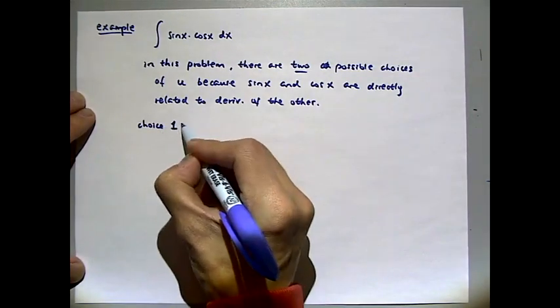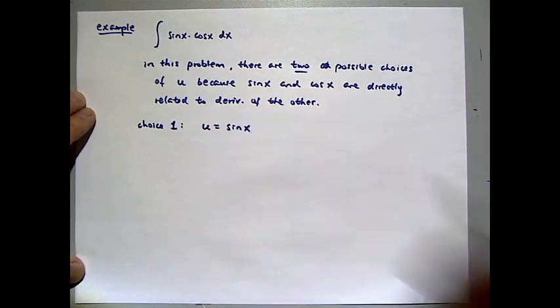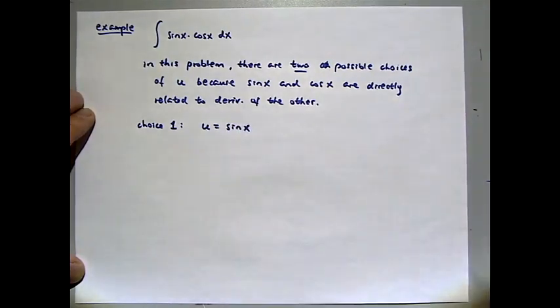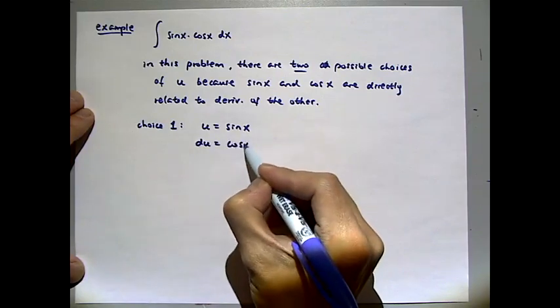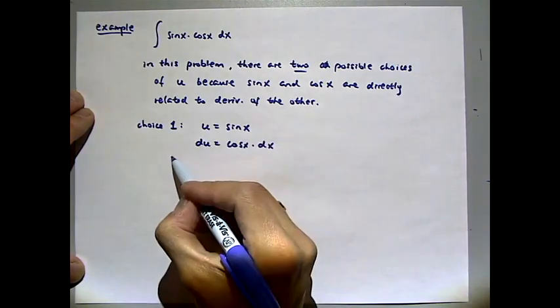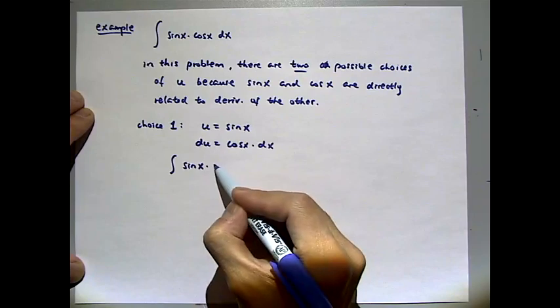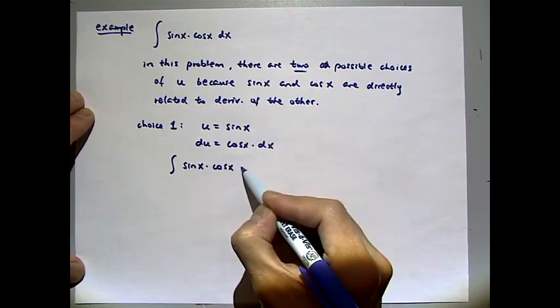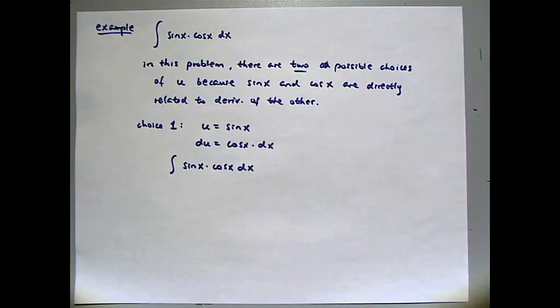So the first one, if we let u be sine of x, then the differential is cosine of x dx. And you can see there's really nothing I need to do to the original integral here.